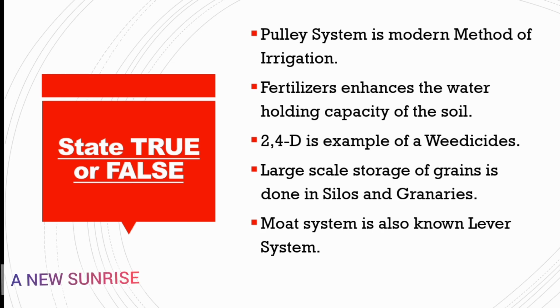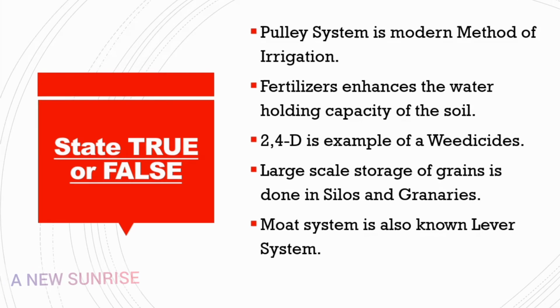Manure enhances the water holding capacity of the soil. 2,4-D is an example of a weedicide. It is true. Large scale storage of grains is done in silos and granaries. This is true. The moat system is also known as the lever system. This is false. The moat system is also known as the pulley system.